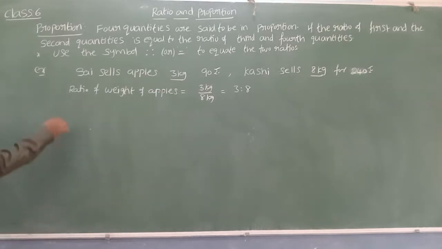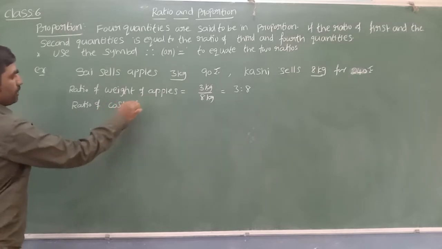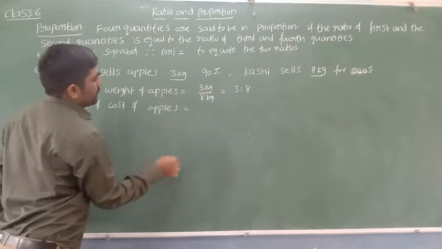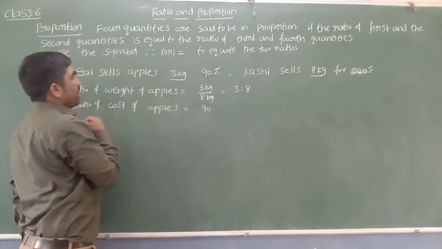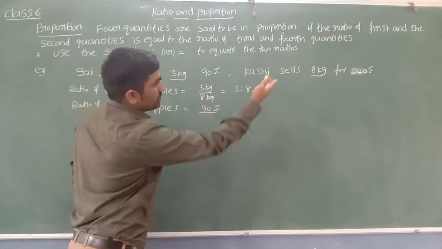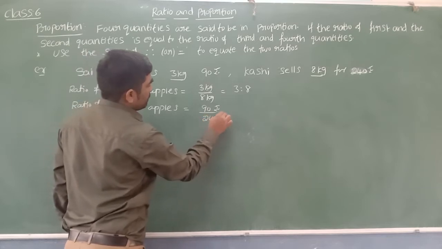Now let us find the ratio of the cost of apples. What is the ratio of the cost of apples? The cost of Sai's 3 kg of apples is 90 rupees and the cost of Kashi's apples is 240 rupees.